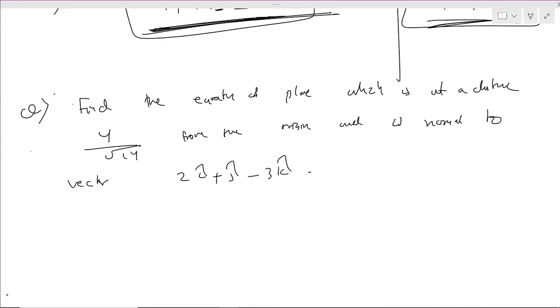Very easy question. This is n vector. Remember, whenever using the normal form, you have to convert n vector into n cap. Solve it.